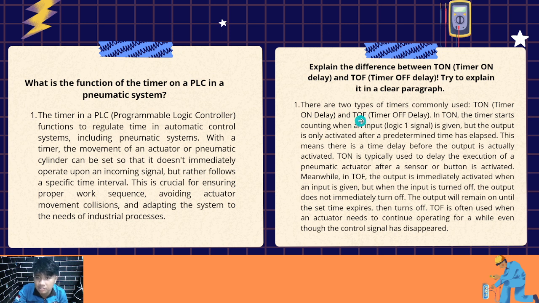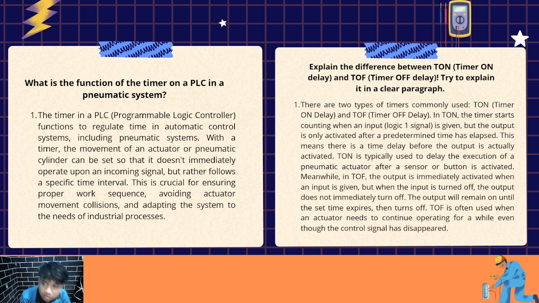Next, explain the difference between TON, or timer on delay, and TOF, or timer off delay. There are two types of timers commonly used: TON, timer on delay, and TOF, timer off delay.